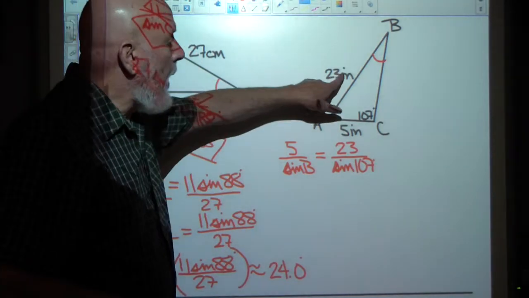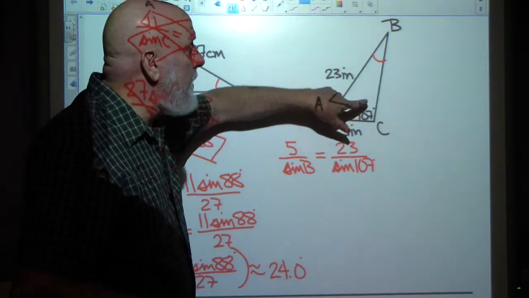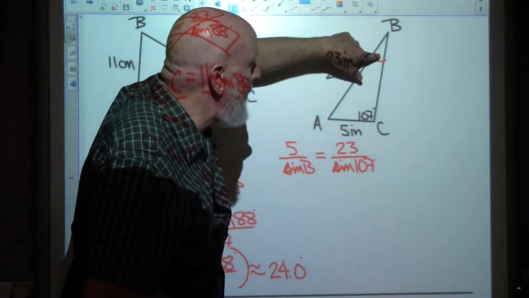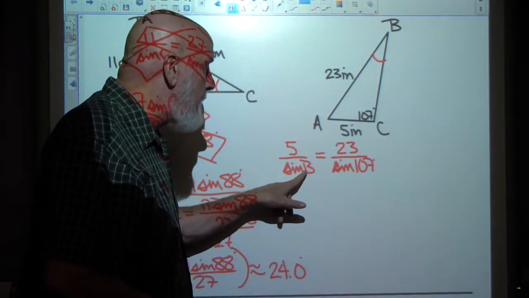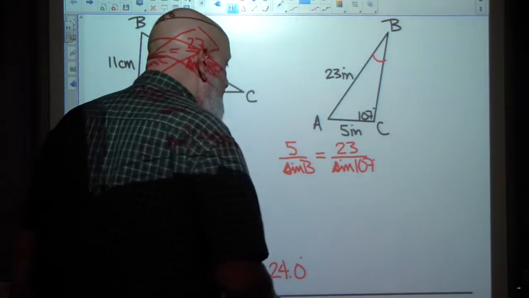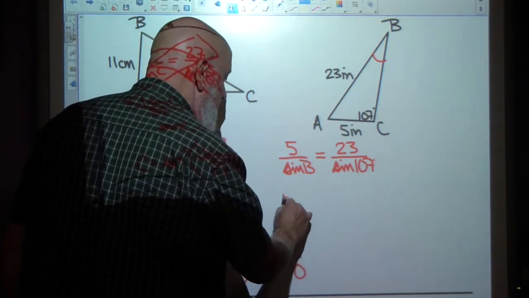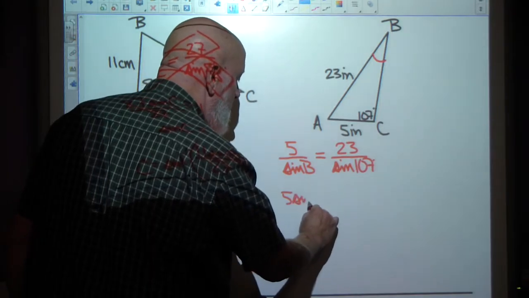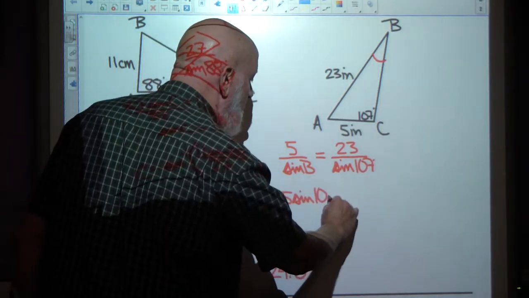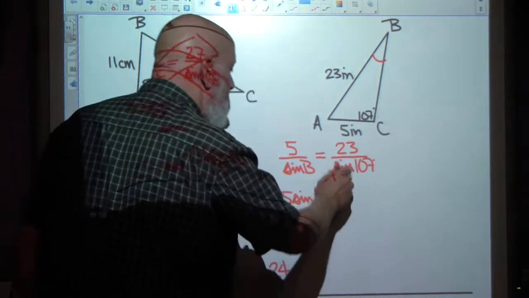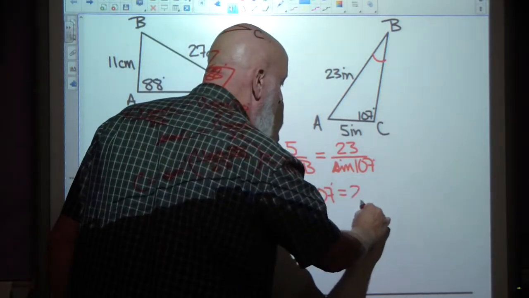And I use these two because that, in conjunction with this, leaves me with just one variable, B. Now I'm going to solve it. I'm going to cross multiply: 5 sine 107 degrees is equal to 23 sine B.